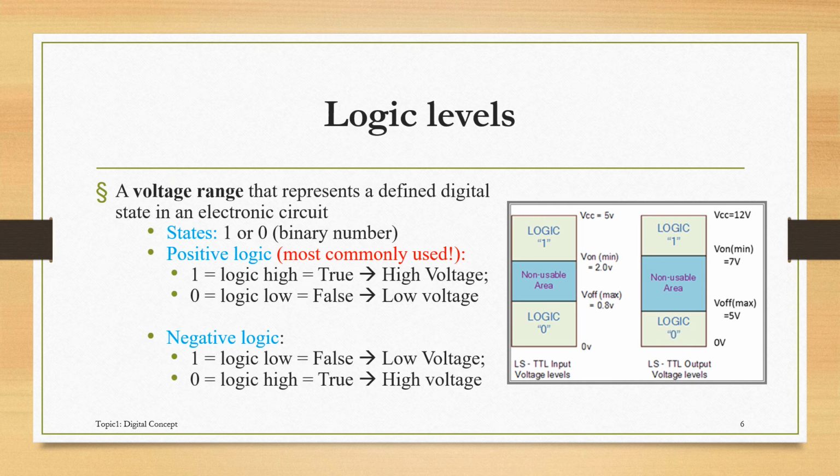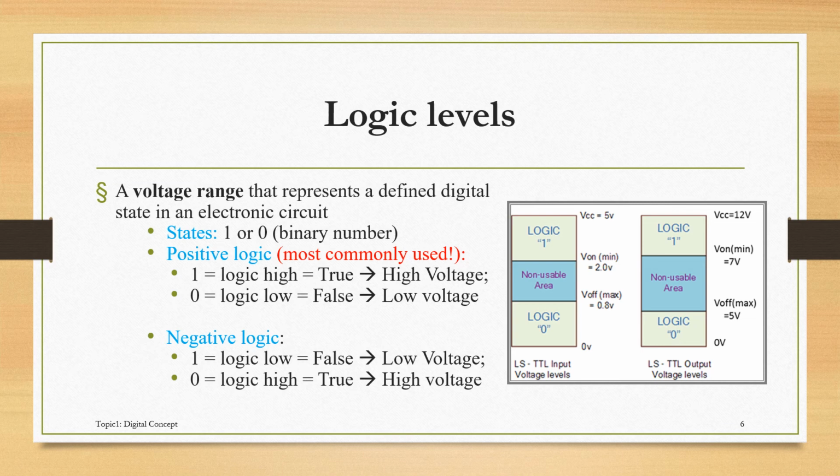But there are different ways to define the states 1 and 0. In positive logic, state 1 is defined as logic high or true state, corresponding to the high voltage range.